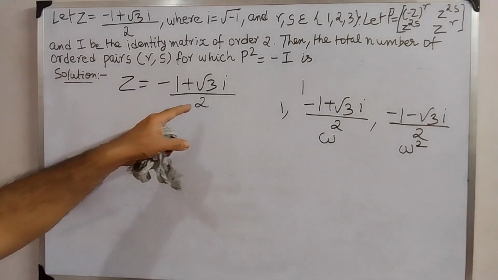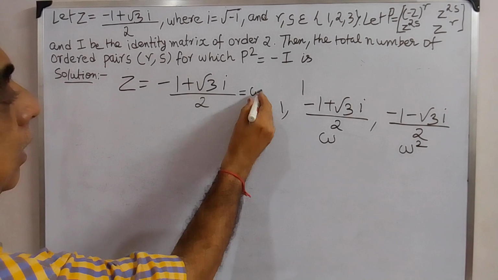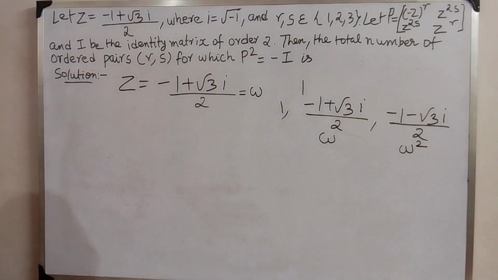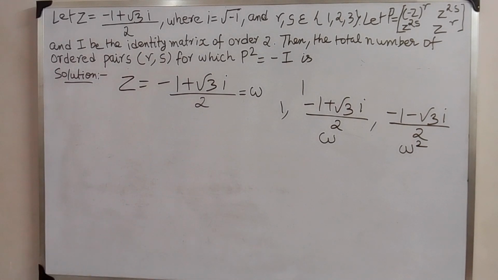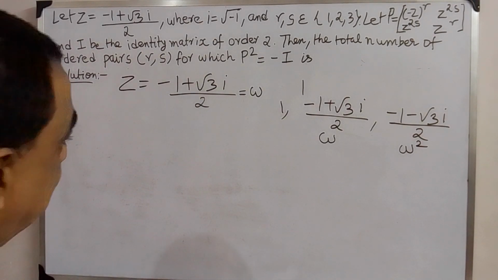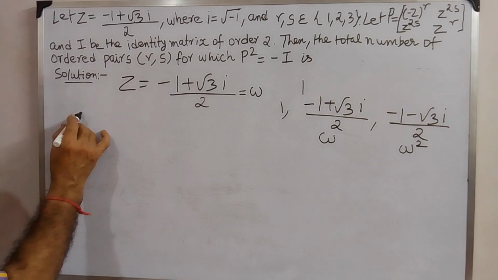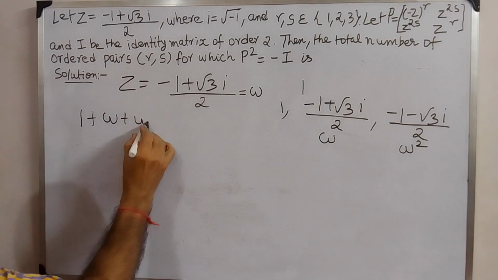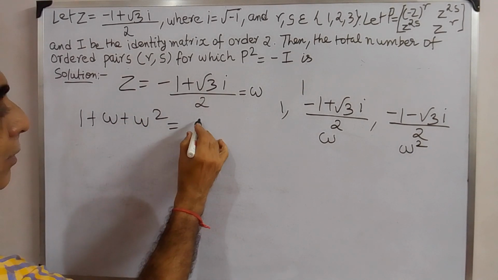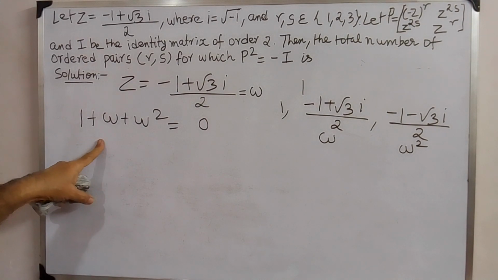So let us denote this z as omega. This is the complex cube root of unity, and we are denoting it with omega. One more property of the complex cube root of unity, we know that 1 plus omega plus omega squared is equal to 0. So this property will be used.